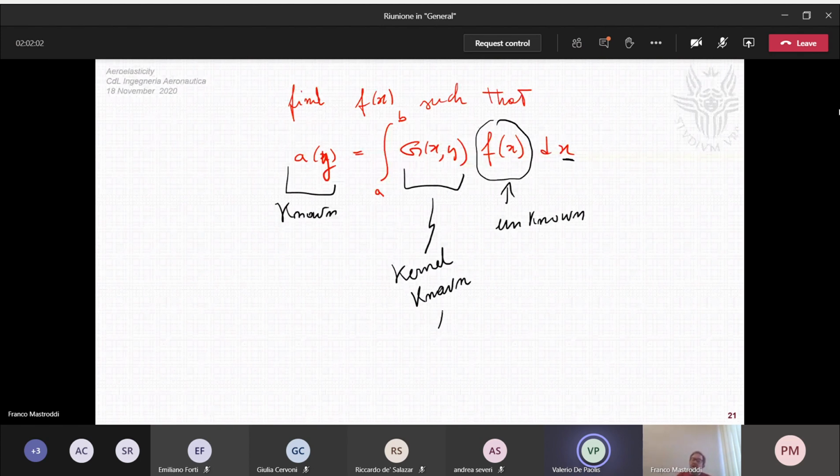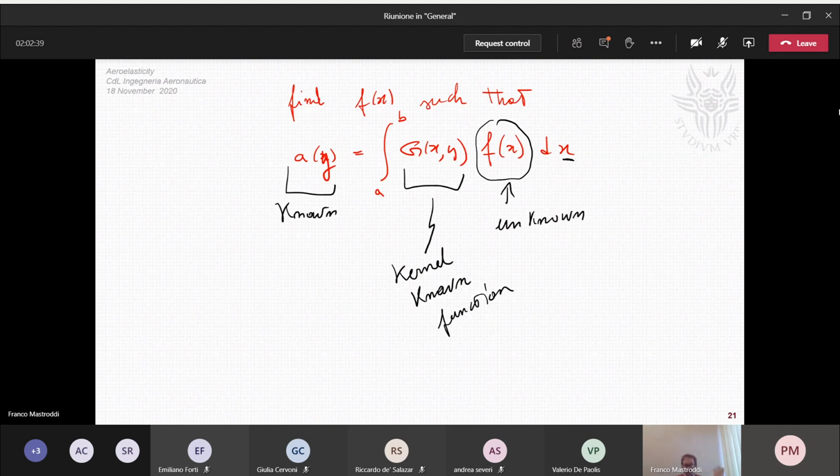The name of kernel is also used in algebra, where you are considering a linear operator. The kernel is the set of values such that, if you are mapping an x space into a y space through a linear operator, there could be many values of x such that after the mapping give you 0.